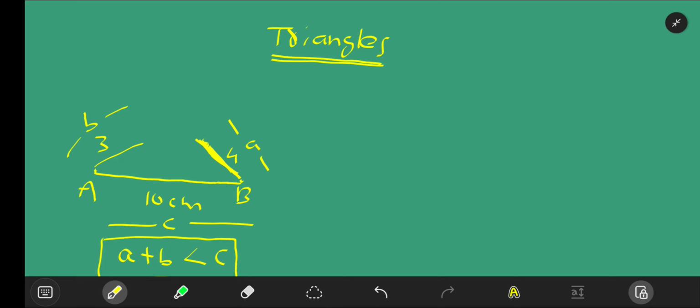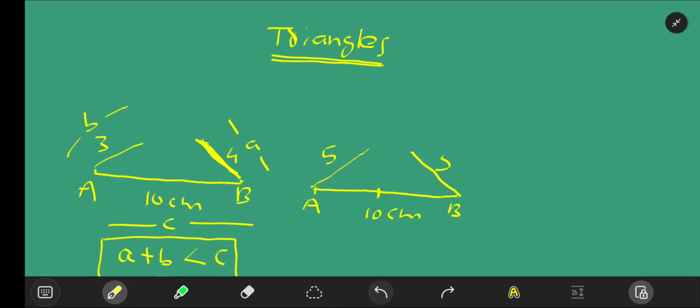Suppose let's take the same line AB of 10 centimeters, and I have taken the midpoint, 5 centimeters. From A to this point is 5 centimeters, and from this point to B is also 5 centimeters. This is the midpoint of AB. Now I am taking 5 centimeters lines. This is also 5 centimeters, and this is also 5 centimeters.